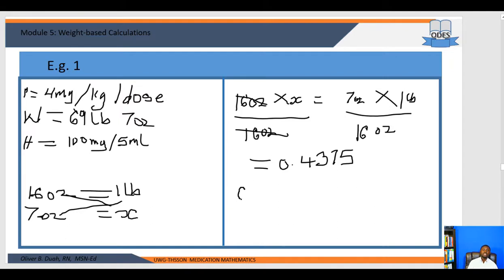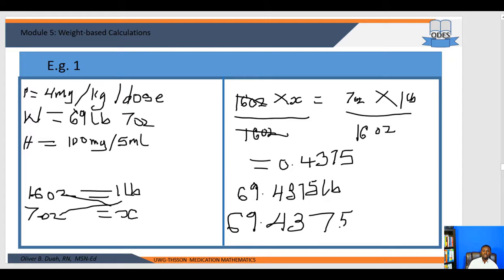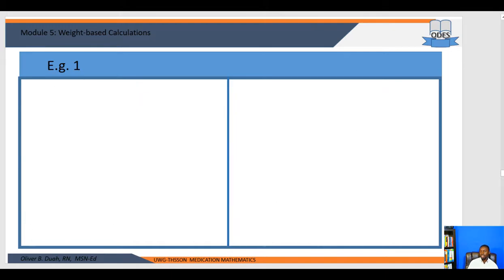So add this to 69, and now we will have 69.4375 pounds. Let's write it well. 69.4375 pounds. Okay, so now we have our weight in pounds, but we cannot use it yet.